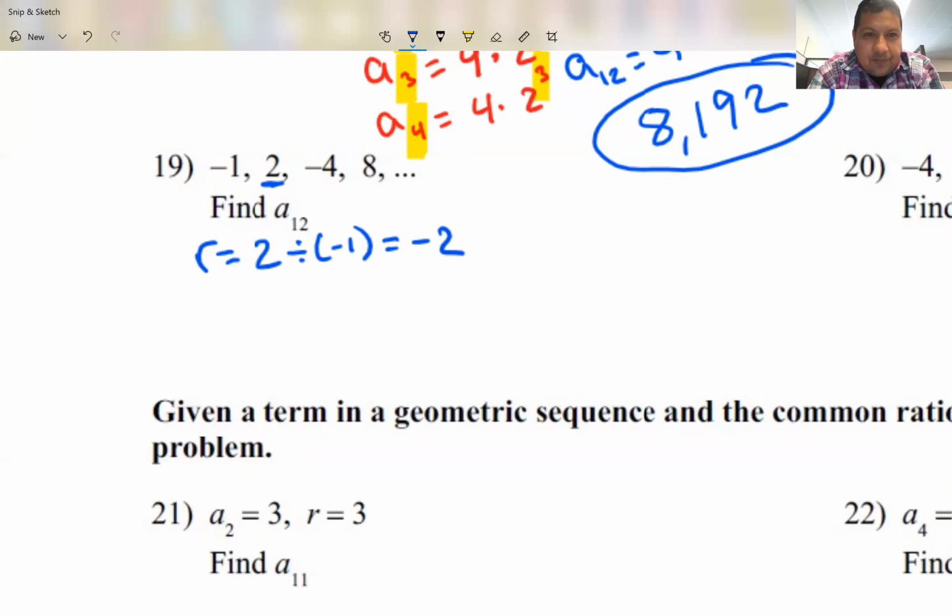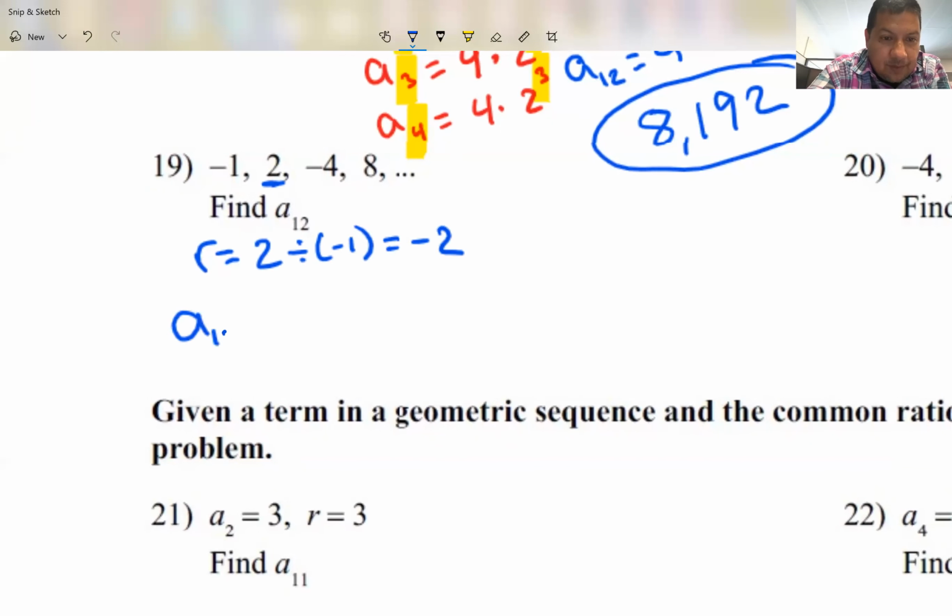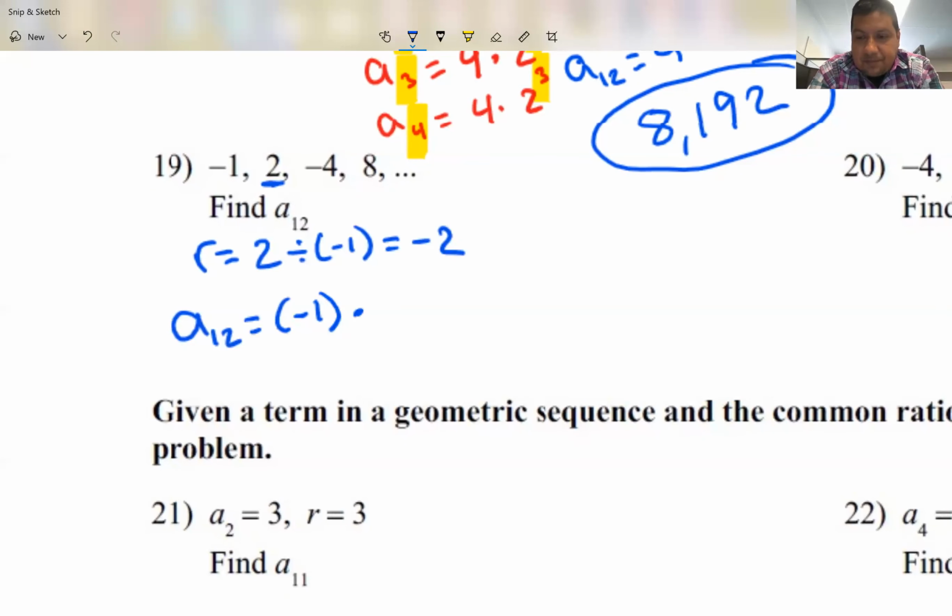So in order for me to always come up with the next number on the list, I multiply by -2. To find the 12th number on my list, I'm going to go -1 times, because -1 is the first number on the list, and then -2 eleven times.